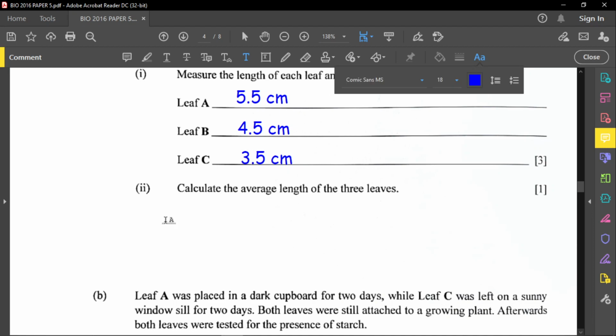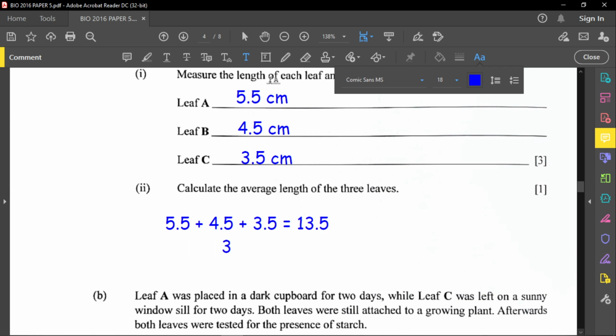And then for part 2, calculate the average length of the 3 leaves. For the average length of the 3 leaves, you add up all the values, so the sum of the total is going to be 5.5 plus 4.5 plus 3.5, and that will be equal to 13.5. All right, let's put this all over another number now. Let's put this all over 3.